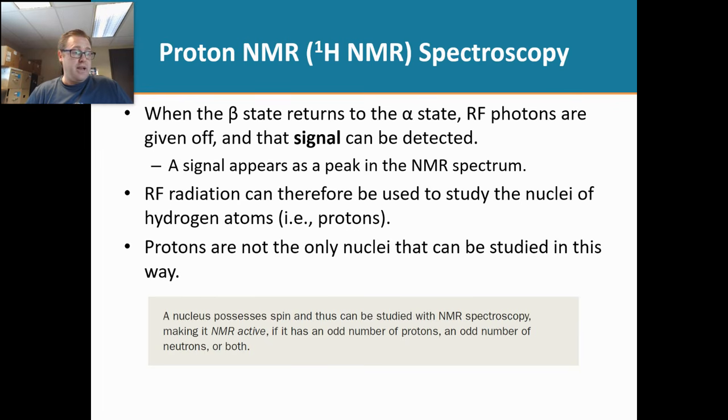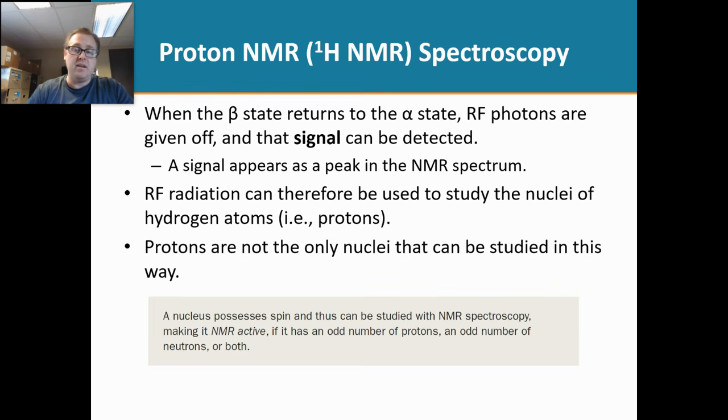But another interesting thing that you need to be aware of is that not all nuclei are created the same. Not all nuclei are NMR active. And what I mean by NMR active is if you place a molecule into the NMR instrument and click go, it may not work unless you select the right nuclei.